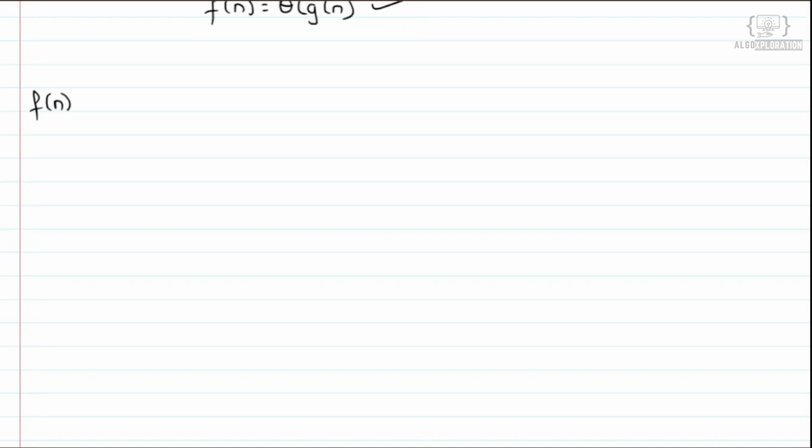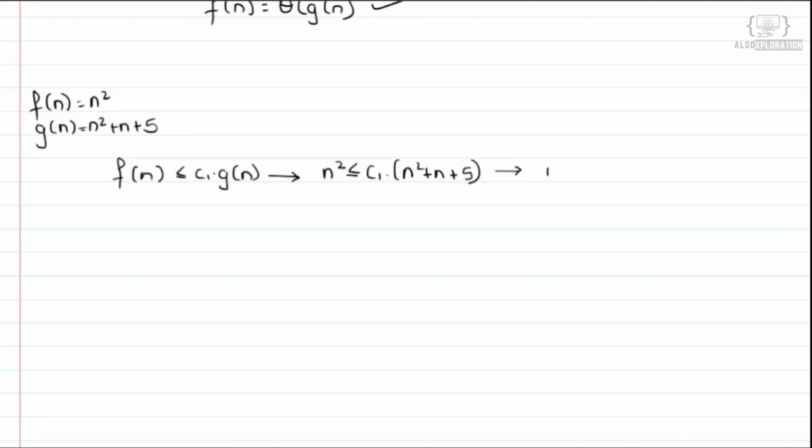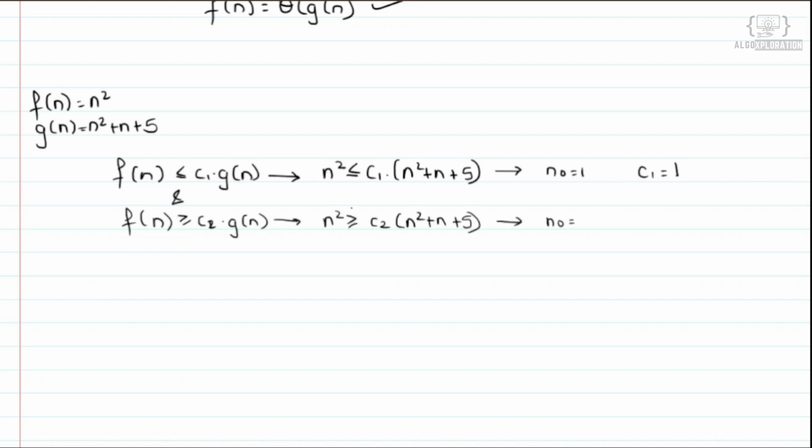f of n is equal to n square and g of n is equal to n square plus n plus 5. By substituting the values in the first equation, we get n naught as 1 and c1 as 1. Similarly, in the second equation, we get n naught as 3 and c2 as 1 by 2.